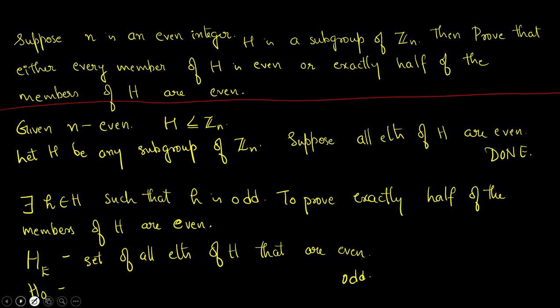Now, we will show that the cardinality of HE is equal to the cardinality of HO. That means the number of elements in HE is the same as the number of elements in HO, so exactly half of the members of H are going to be even.